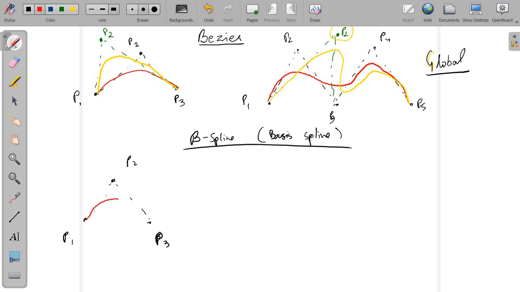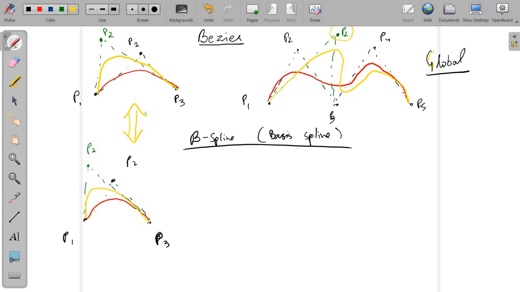The output of B spline curve, and suppose we pull P2 here. The resultant curve, B spline curve, will be like this. So when there are fewer control points, bezier and B spline are somewhat the same.